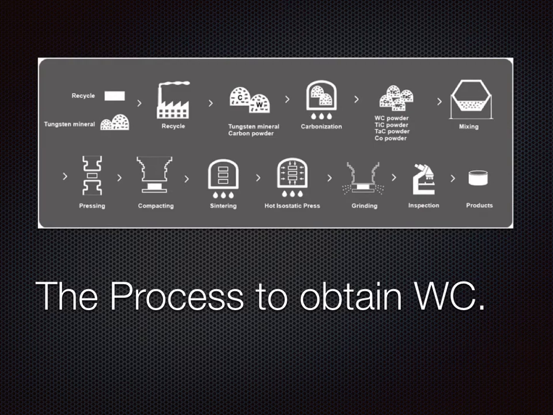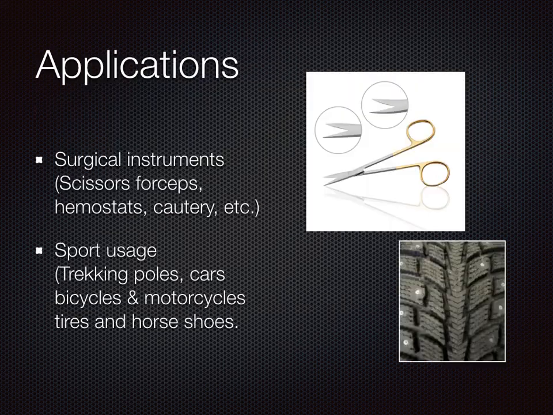And now we're going to their applications. The applications of tungsten carbide can be found almost everywhere, from surgical instruments like scissors to sport usage, like trekking poles that are used by hikers for balance, and some car, bicycle, or motorcycle tires that take advantage of the traction that WC studs provide on ice.